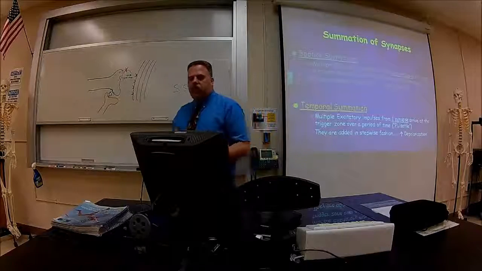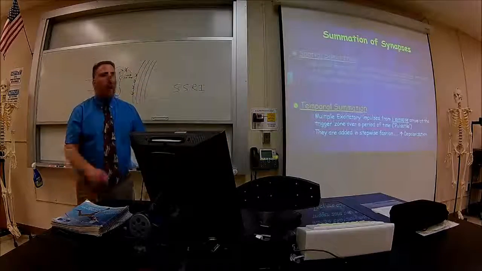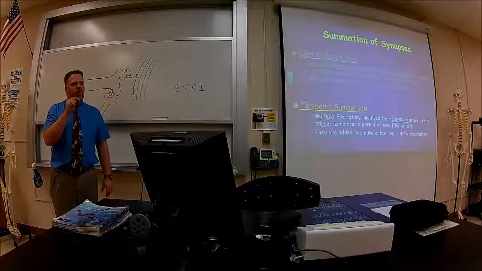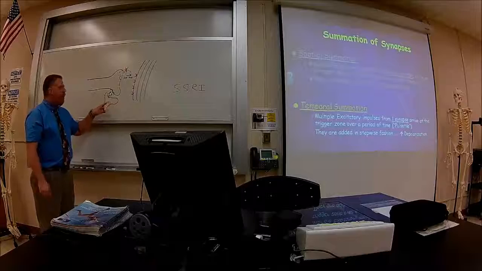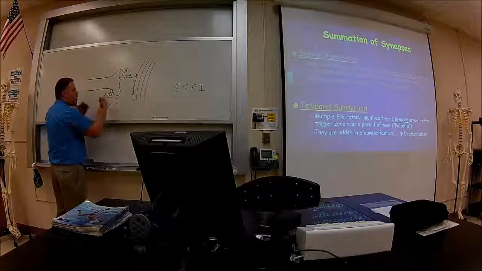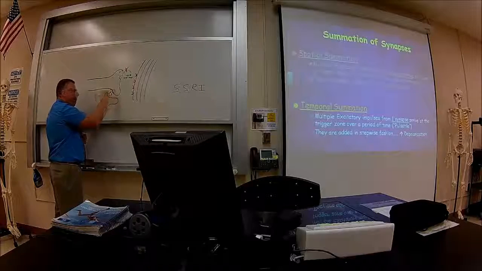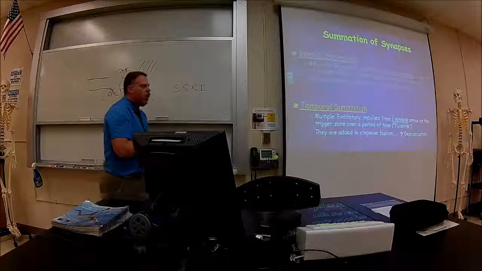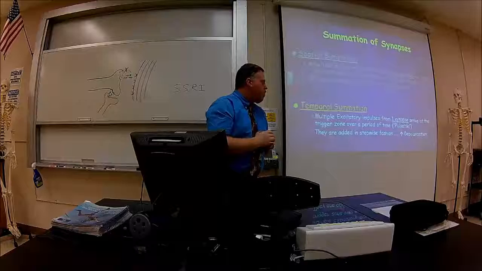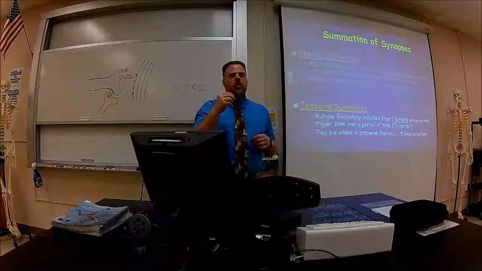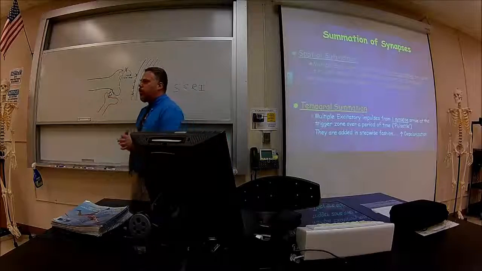Then we also have temporal summation. There's only one synapse. But what this one neuron is going to do is frequency. It's going to pound this one over here with more and more pulses, more and more stimulation, to cause that depolarization.